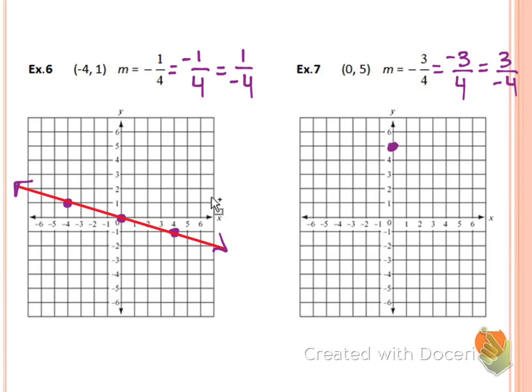Danielle, where do we go to get another point? Over which way? Right. Down 3 for that negative 3, and then to the right 4, because the 4 was positive when the 3 is negative.